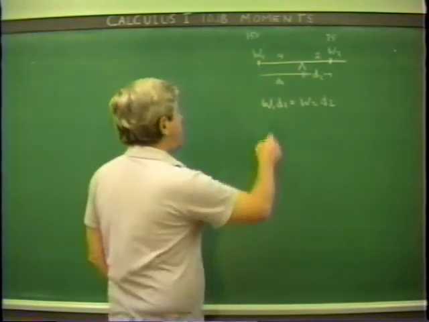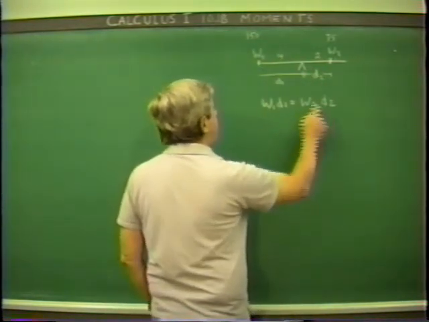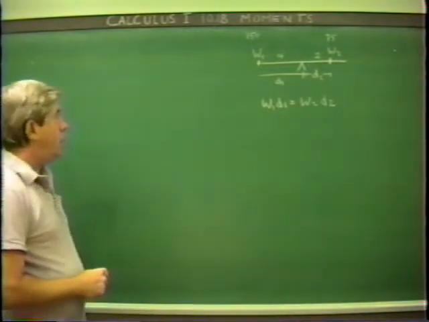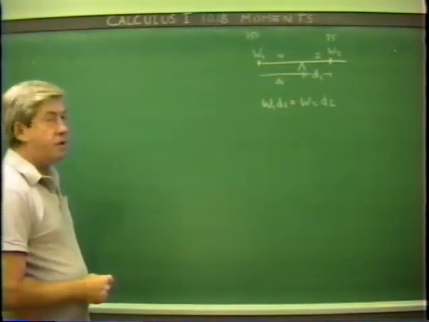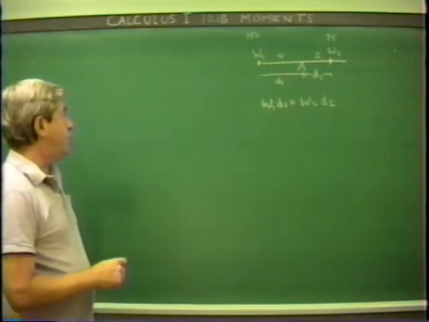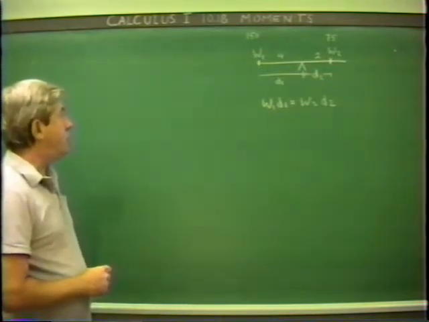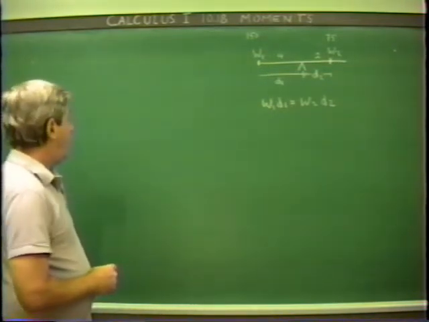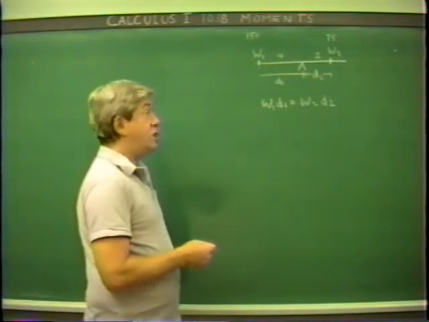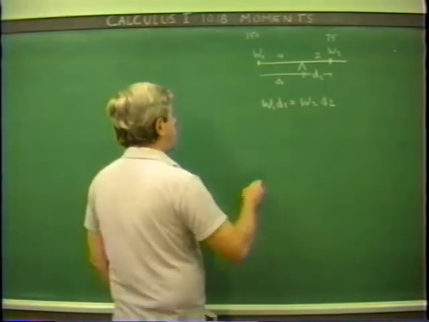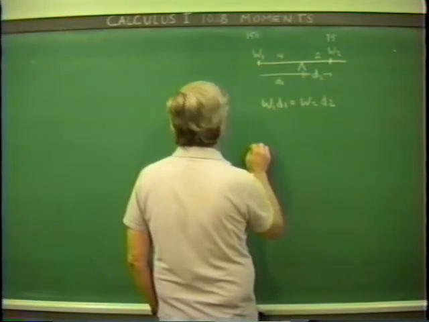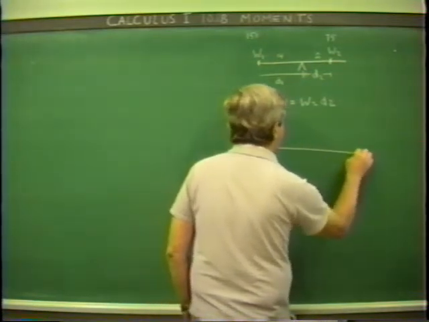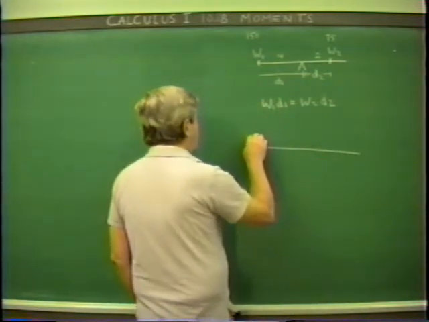I think it's common experience that if the person who weighs less sits farther out, you can get the teeter-totter to balance. And it's going to happen precisely when W1 D1 is W2 D2. Right? I guess we can just refer to the fact that a person should check this with physical experiments to see that it's the case. Or you can also think through more reasons why this might be the case.